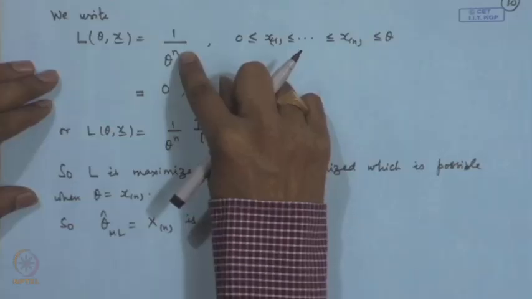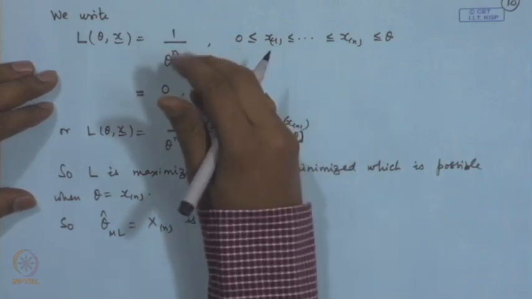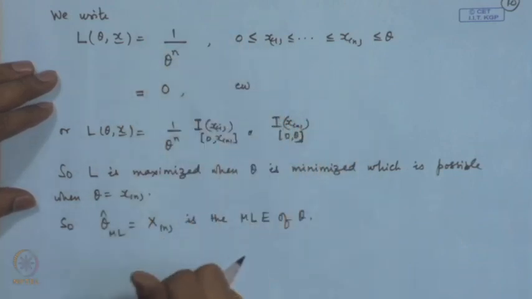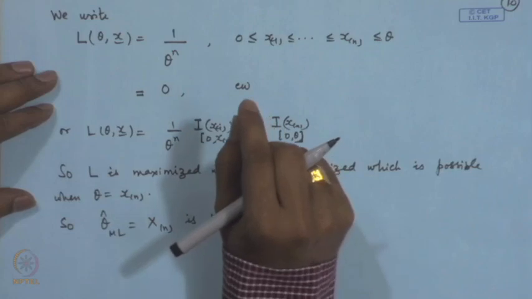This example shows that one should not blindly use the differentiation and put equal to 0, because this will not give the answer in this particular situation. Similar thing would occur, for example, if I consider a 2 parameter uniform distribution.